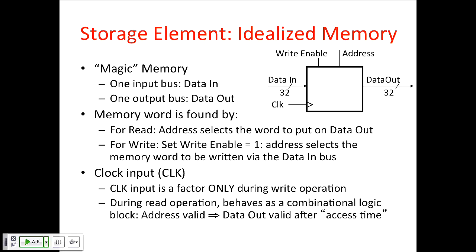That's a combinational read. But to do a write, you have to set up the address and the data, and also toggle the clock, have a clock edge come along to actually make the write happen in the memory. You can read at any point in time just by changing the address. The output will follow sometime later. But for writes, it will only actually do the write on the next rising clock edge. Okay? So you can read any time, you can only write at the clock edge.